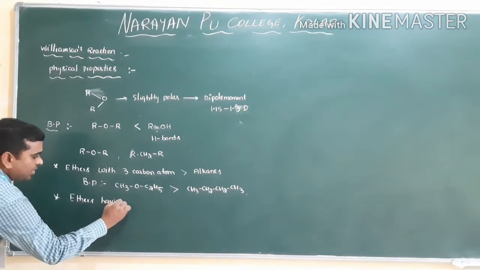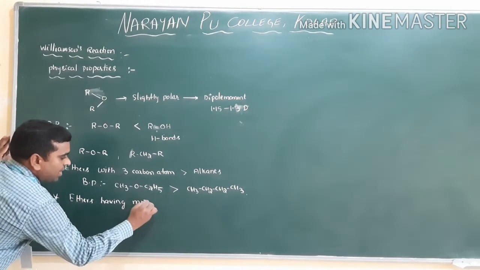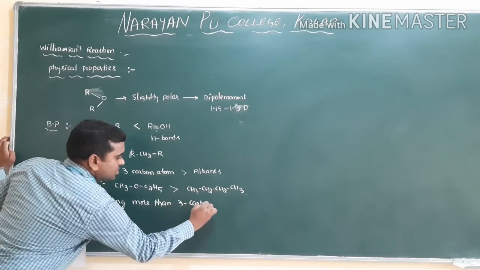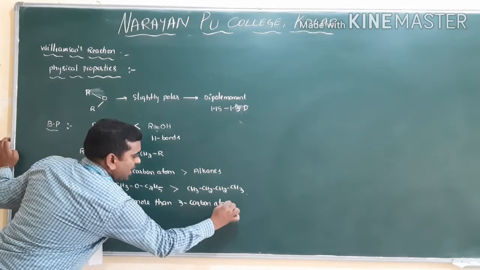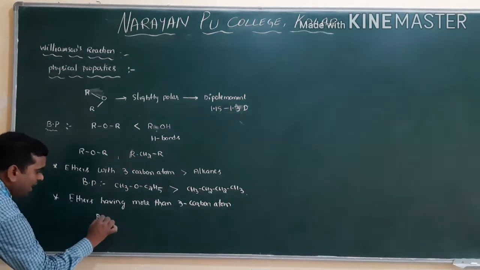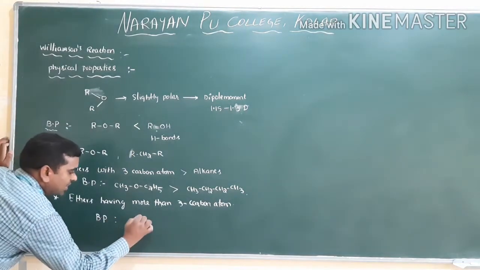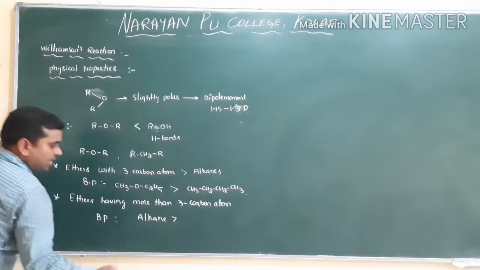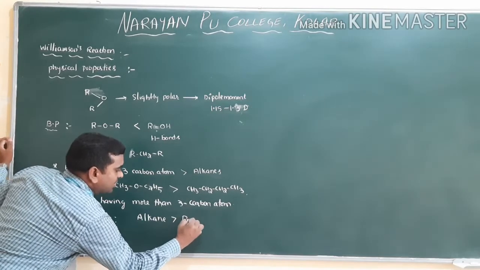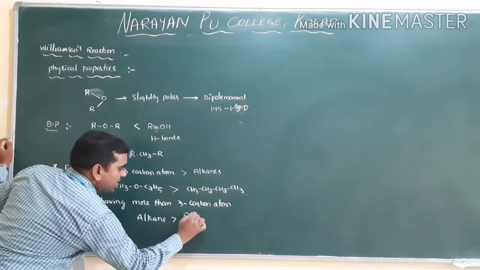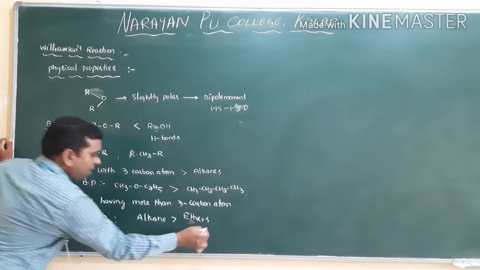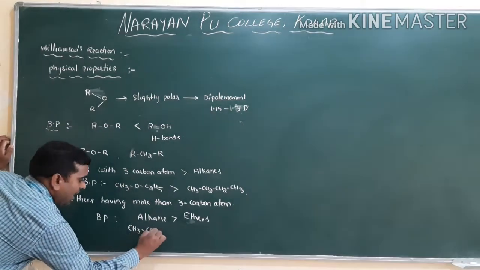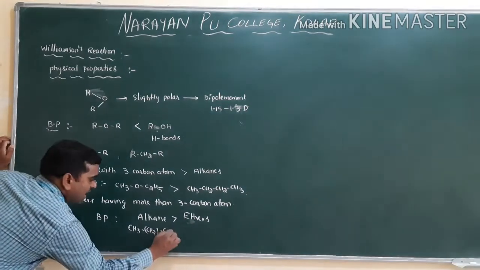Means for ethers having more than 3 carbon atoms, the boiling point order is that alkane has greater boiling points than ethers. Simply, I will write here one compound, CH3, CH2 three times, and CH3.